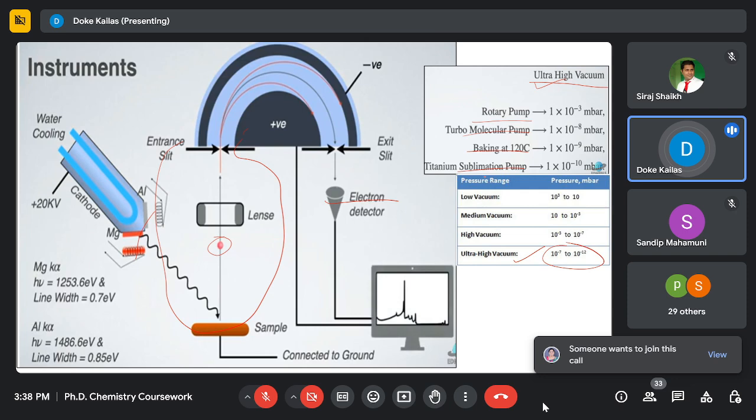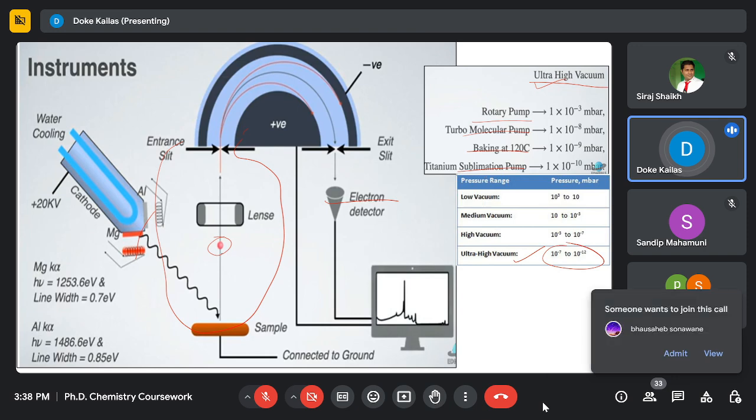So today we normally use X-ray photoelectron spectroscopy. Before 20-25 years, creating ultra high vacuum was difficult, and at that time, instead of X-ray photoelectron spectroscopy, UV photoelectron spectroscopy was used, where the energy of UV radiation is less than the energy of X radiation.